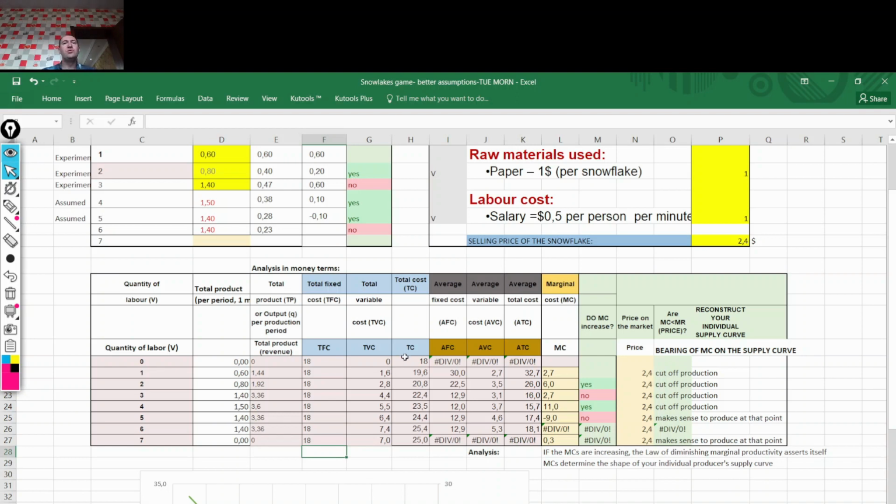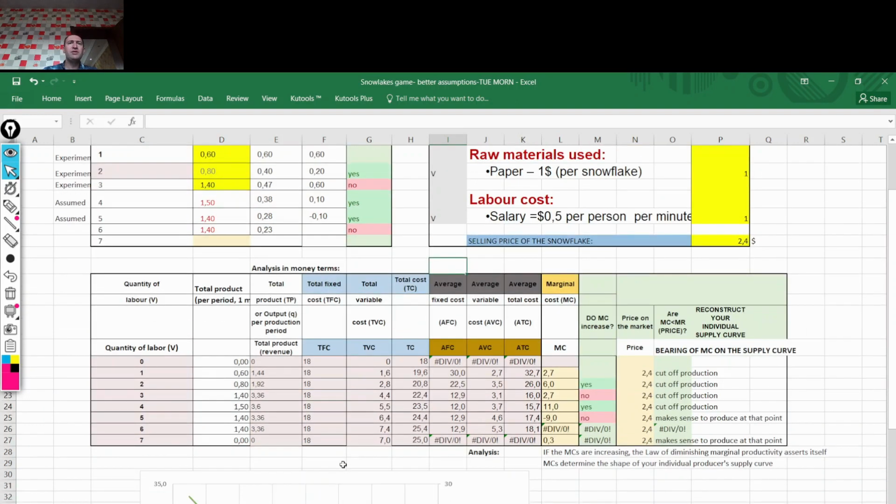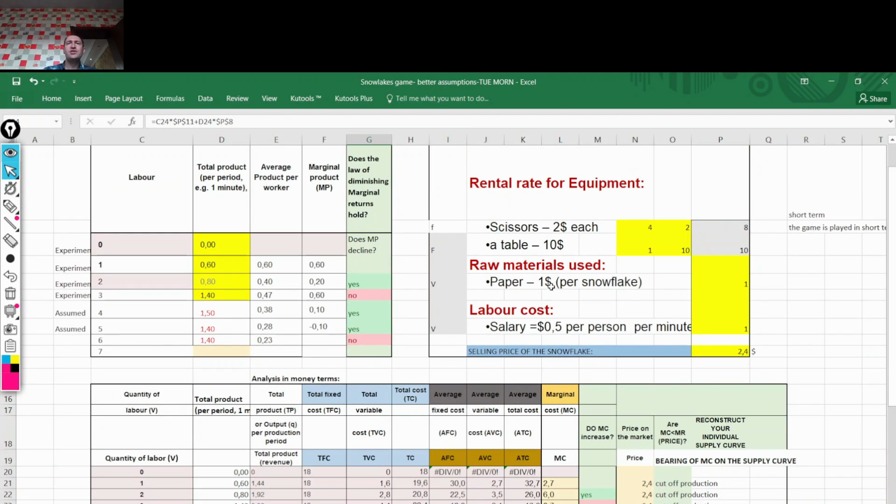What about the variable costs in the process? Variable costs are called variable costs because they vary with the amount of variable production resources employed. The more you produce, in other words, the greater will be your cost. It will not be a fixed amount anymore, it will be a variable amount because, for example, each and every snowflake embodies one sheet of A4 paper.